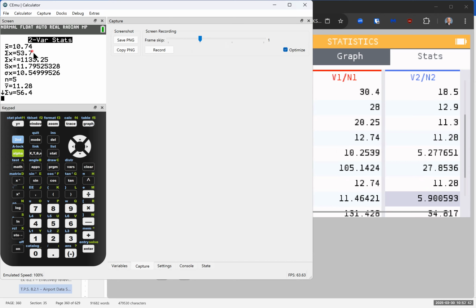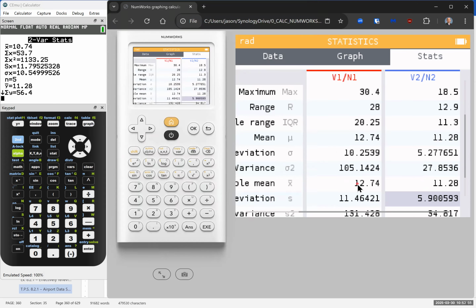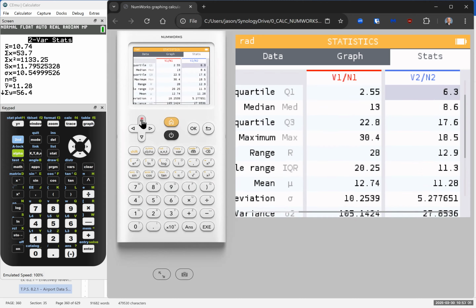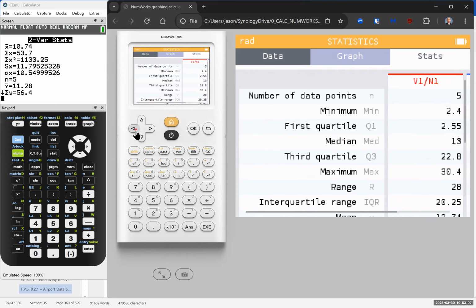So x bar is the mean of the first list, which should have been 12.74. All right, I've got a bit of a discrepancy I have to figure out. Actually, that 12.74 is what I would expect.